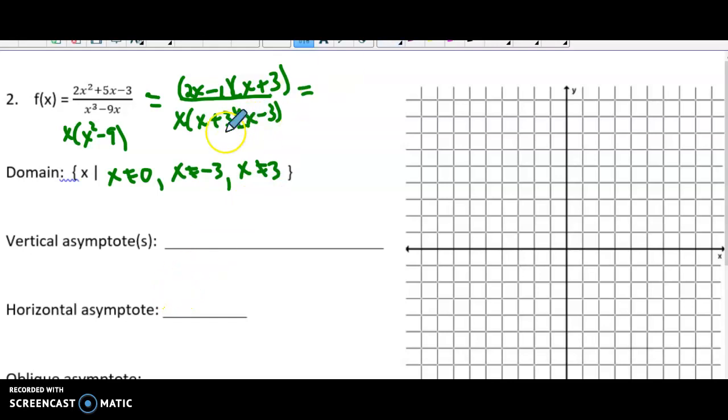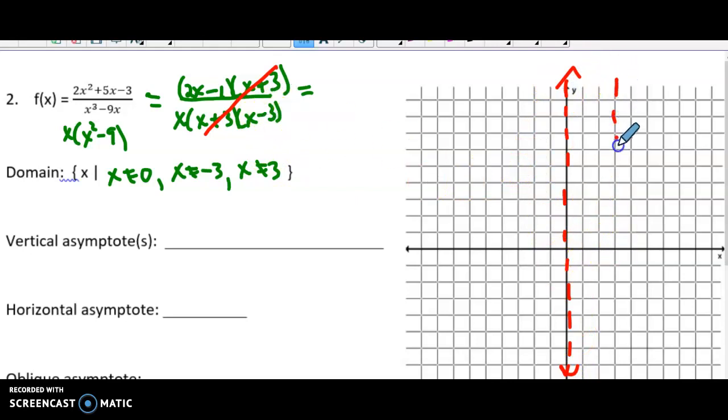However, since these cross out, the only vertical asymptotes are at x equals 0, and x equals 3.